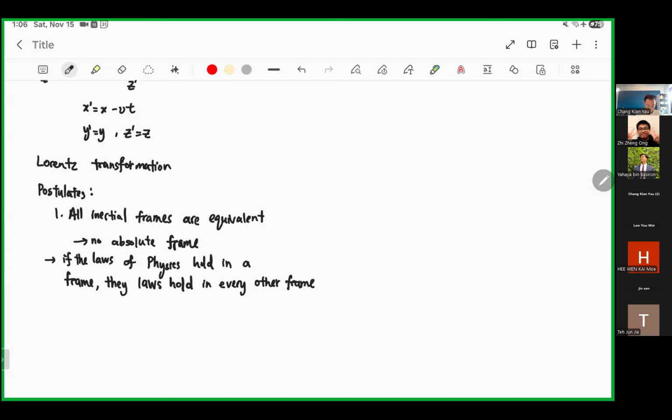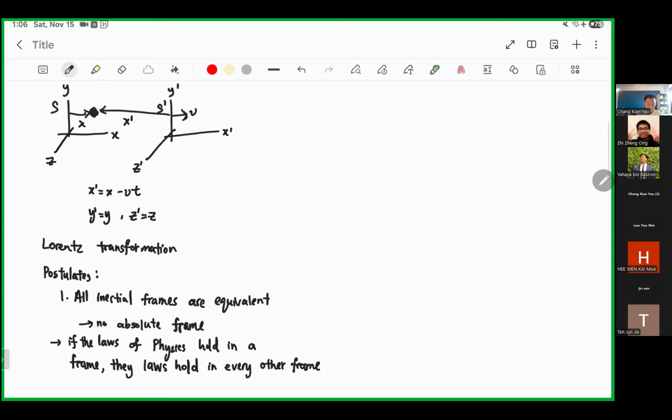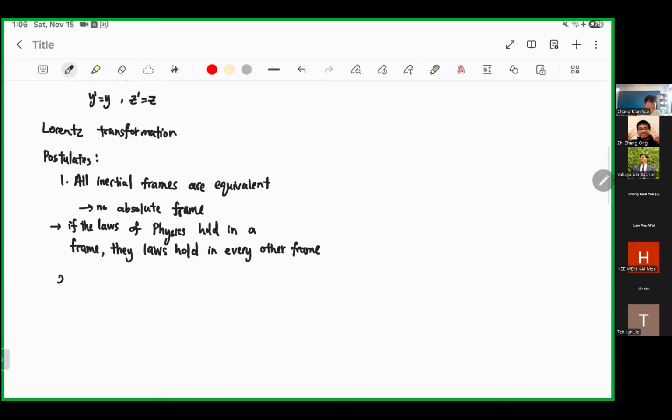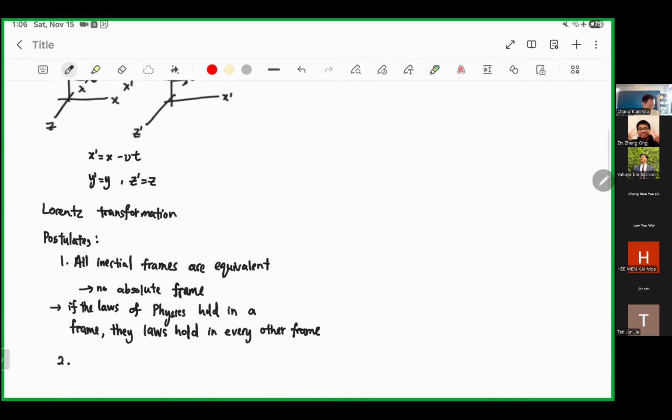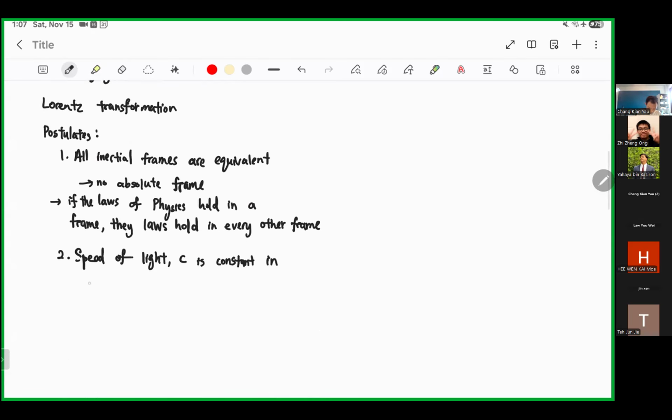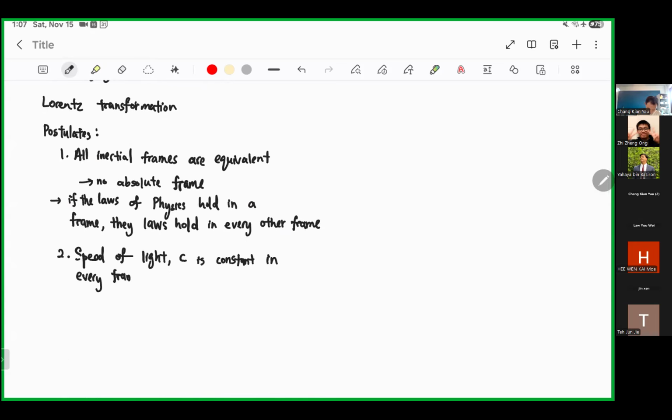If you have a particle here, and it exists in the S frame, it must exist in the S prime frame, or else it will be chaotic. And then the second postulate is that the speed of light, c, is constant in every inertial frame.